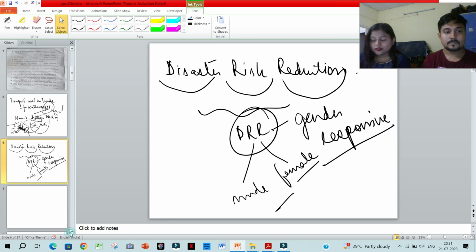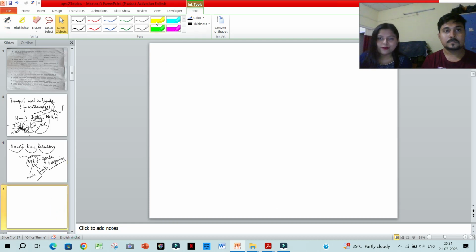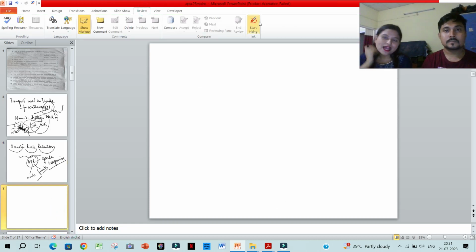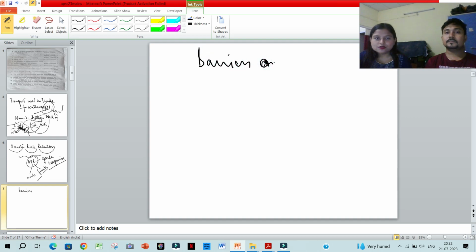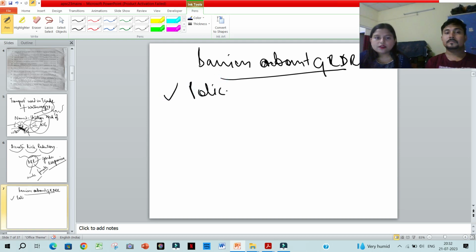The second part is: what are the barriers that prevent gender mainstreaming in DRR? I don't know why 7 marks is being given to it, because this part should have the least marks. What can be the barriers? First, policy making is an issue, which is pretty obvious.